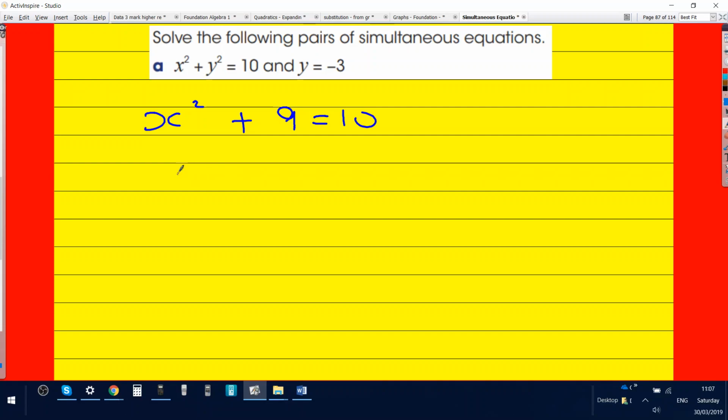So you get x squared is equal to 1. Then you square root, and the square root of 1 is just 1. No, it'd just be root of 1. What is the square root of 1? 1. Yep. And they told us y equals minus 3. Is that it?